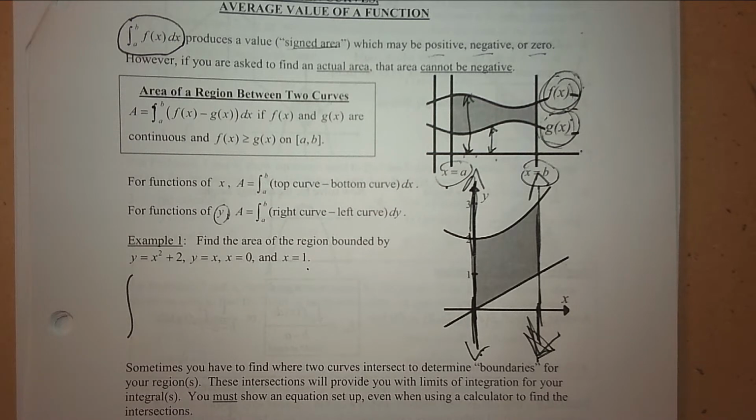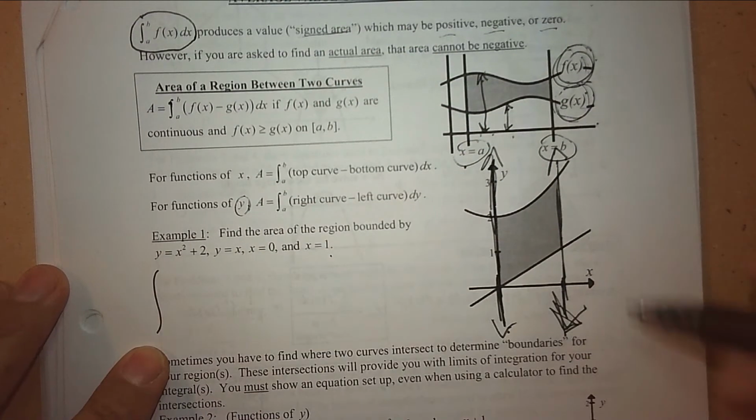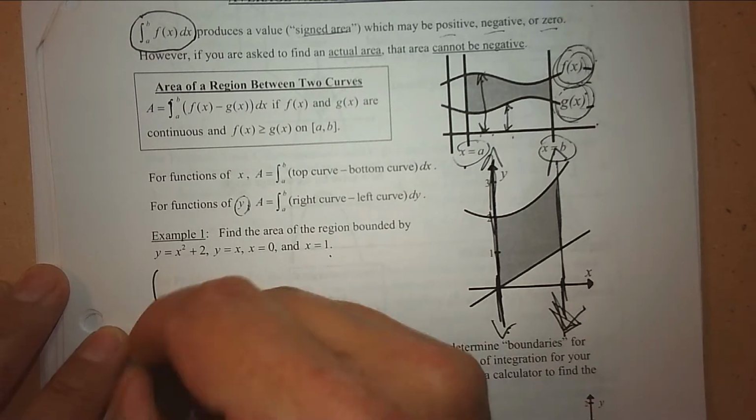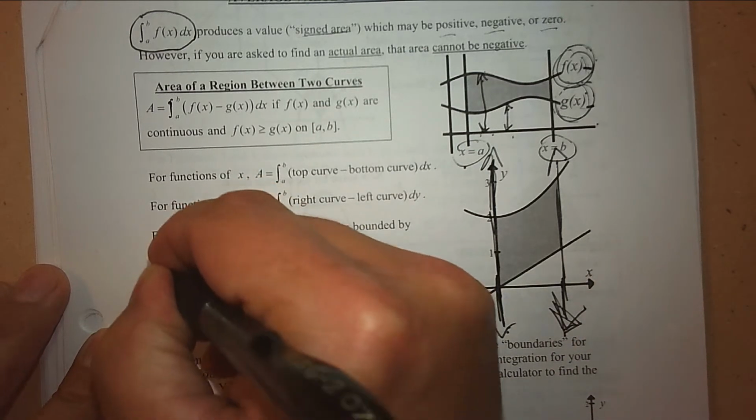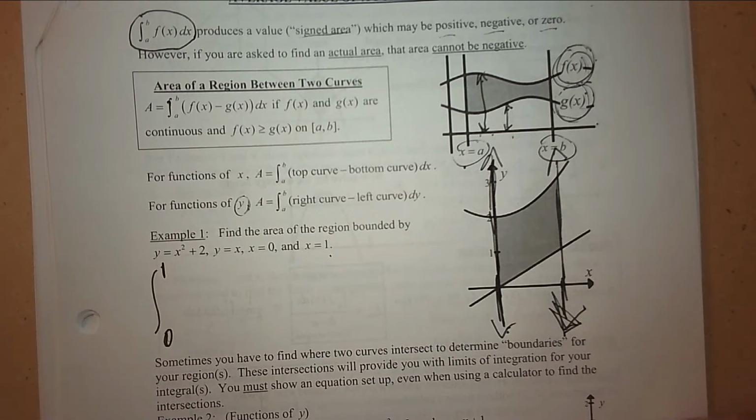Can you subtract them? So this is what it would look like. The bounds go from what number to what number? The upper's up there, the lower's down there. So from 0 to 1.